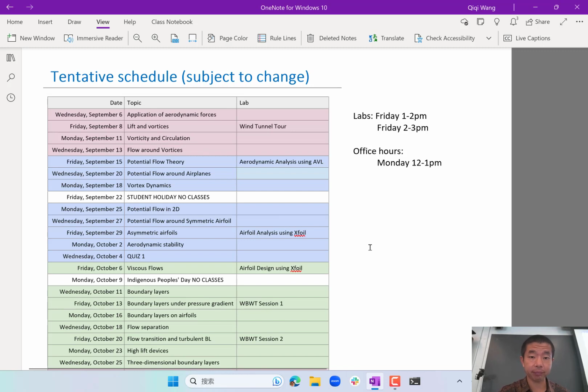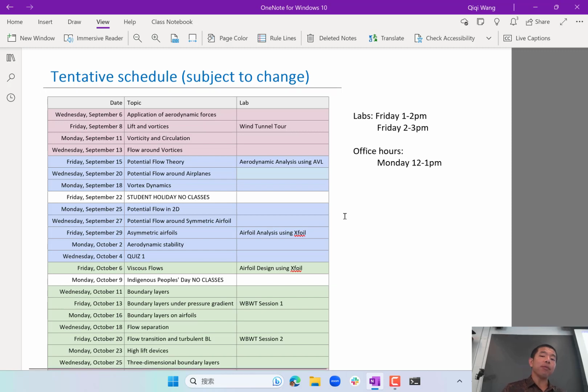All right. Okay, so this is really the last lecture on the fundamentals before we dive into the incompressible potential flows. And there is also a schedule on the lab sections, and we just did the wind tunnel 2 last Friday, and this Friday we are going to do aerodynamic analysis using AVL. So that's a software that you can use to analyze the induced drag, the dynamics of airplanes.